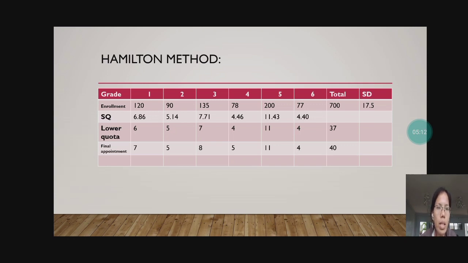Grade 1 has 6, grade 2 has 5 because of 5.14, and grade 3, 7.71, becomes 7, rounded down to the whole number. Grade 4 has 4, grade 5 has 11, and grade 6 has 4. So the total is 37.